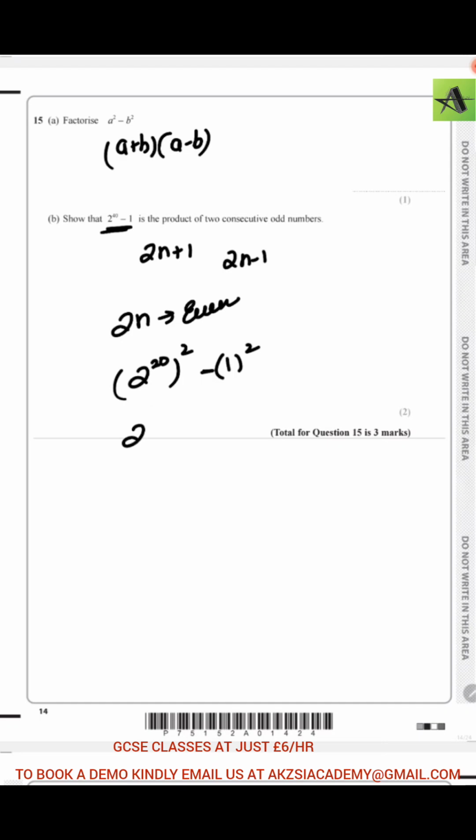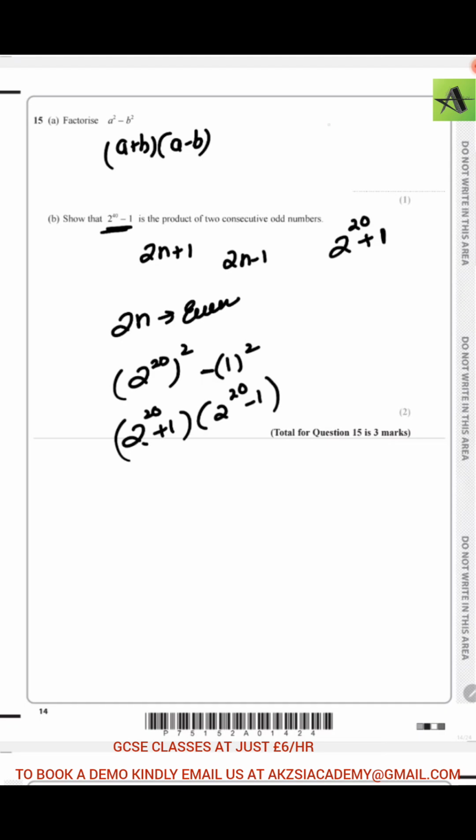So this can be written as 2 to the power of 20 plus 1 times 2 to the power of 20 minus 1. As I told you, 2 to the power of 20 is obviously an even number. So plus 1 is an odd number and minus 1 is also an odd number.